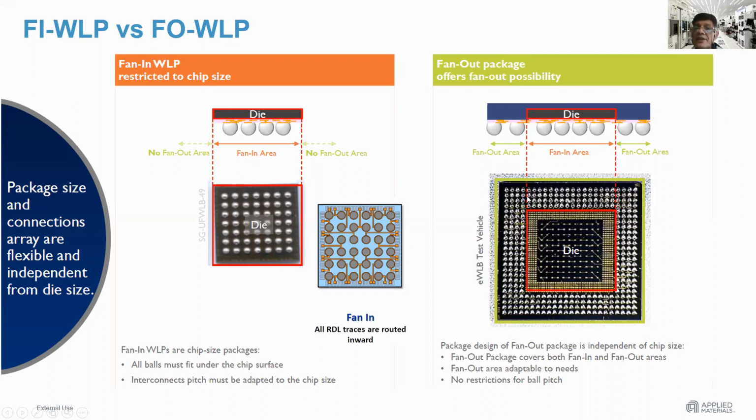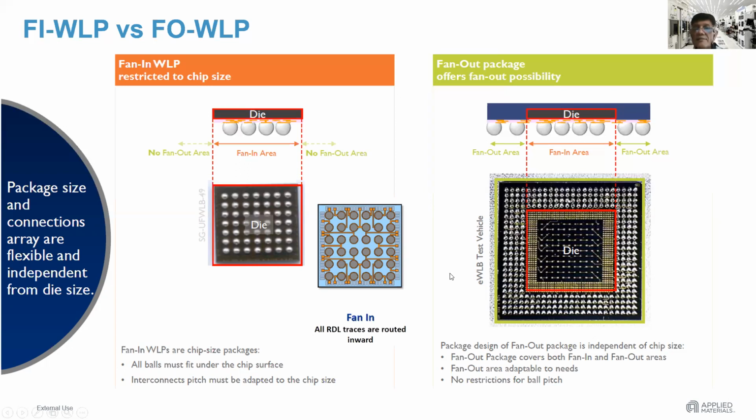That's why, if you take a look at the die in a fan-out wafer level package chip, you will have ball grids not just outside the die area, but even under the die area. Okay, and there is no restriction for the ball pitch. You define the IO. You can have as much IO as you want, and you are not restricted by the ball pitch.